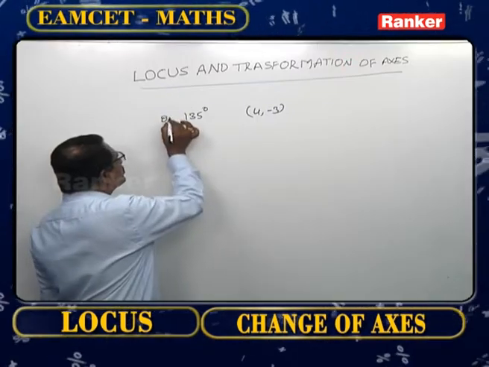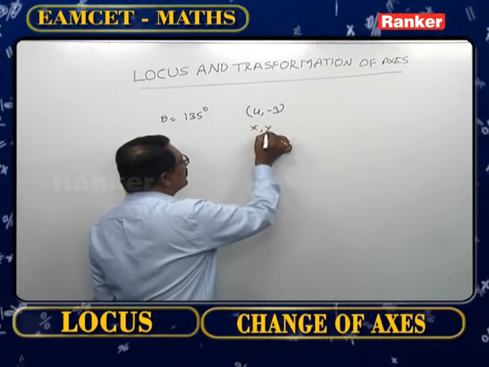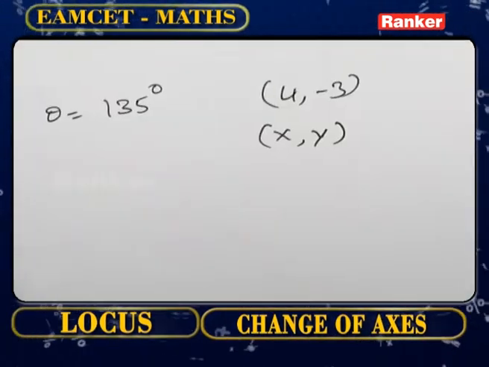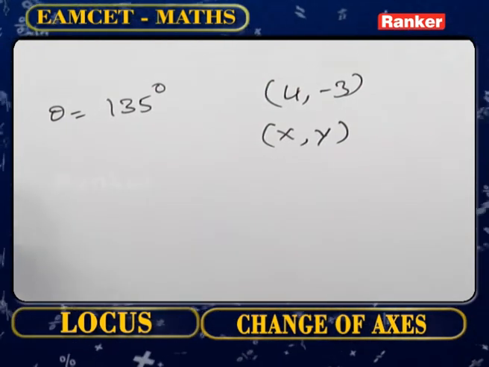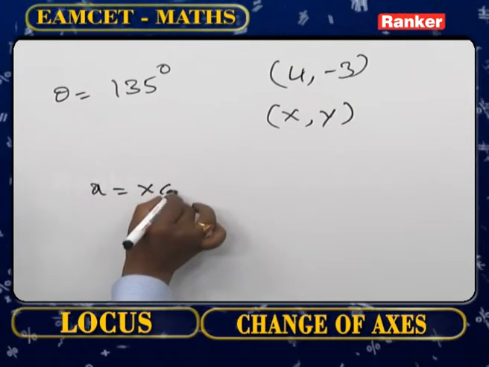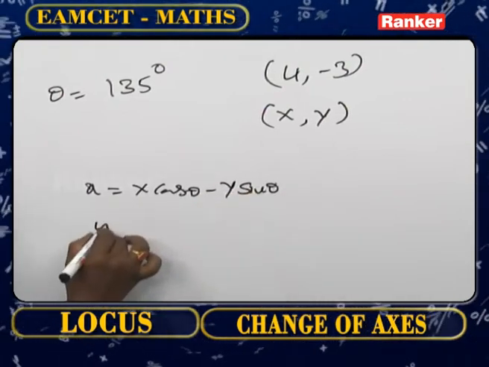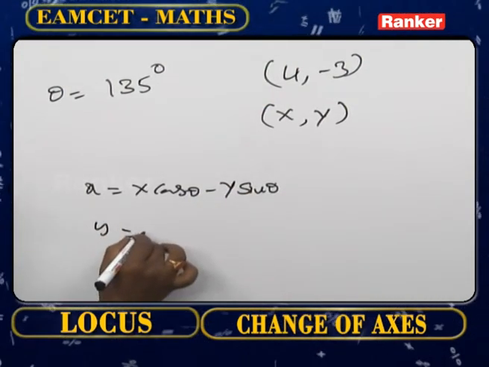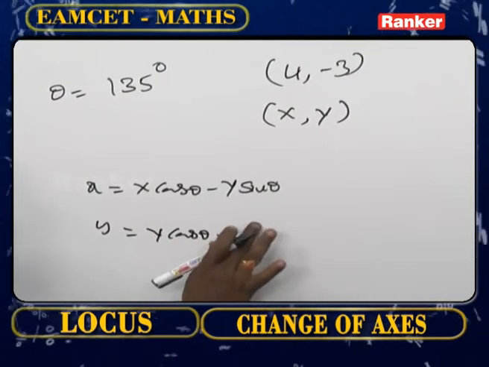Here theta equals 135 degrees, the new coordinates capital X, capital Y are given, and the initial coordinates small x, small y are required. Now x equals X cos theta minus Y sin theta, and y equals Y cos theta plus X sin theta.